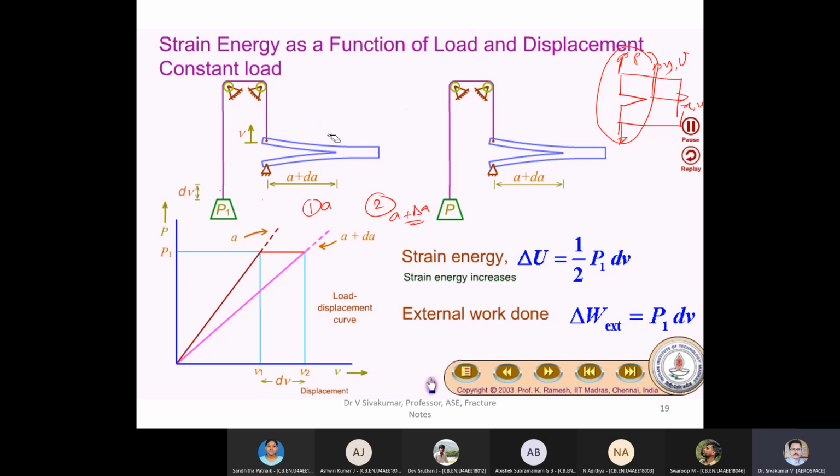That's called constant load. The first specimen crack length is A, the second specimen crack length is A plus delta A. That's the only difference: crack length, this length.